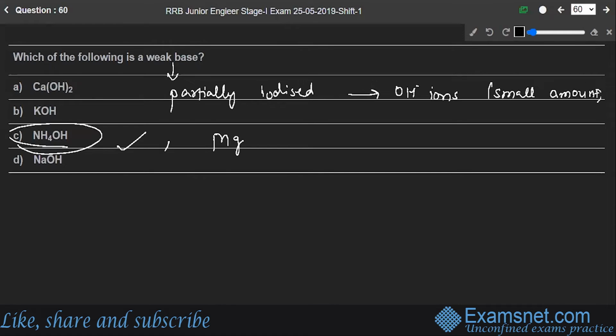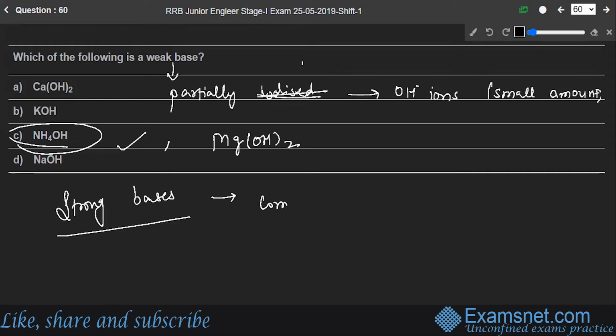If I talk about one more, then magnesium hydroxide is also a weak base. Whereas on the contrary, what are the strong bases? Which are completely ionized in water to produce a large amount of hydroxyl ions.